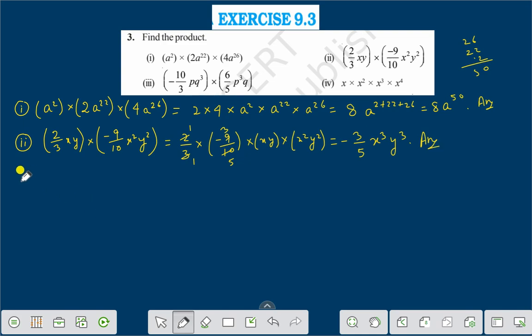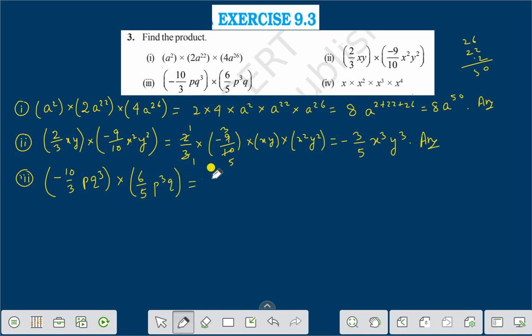Let's solve question number 3. Minus 10 by 3 p q to the power cube into 6 by 5 p to the power cube into q.